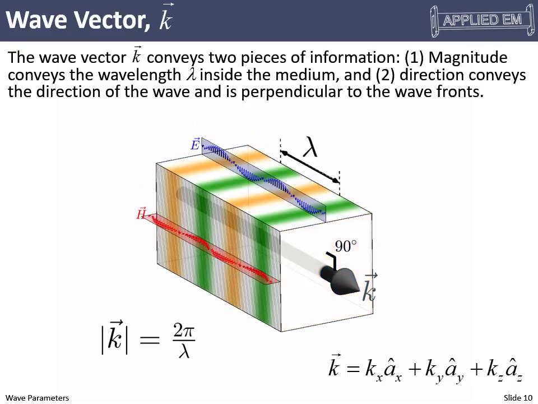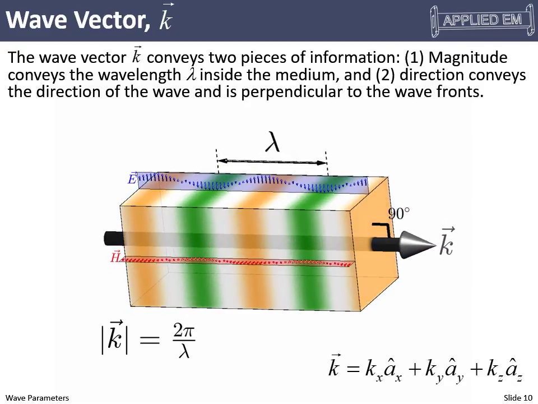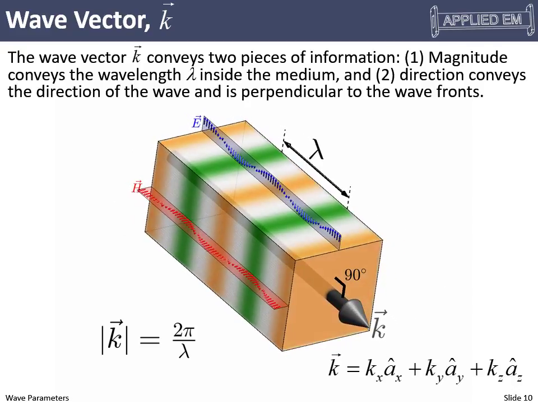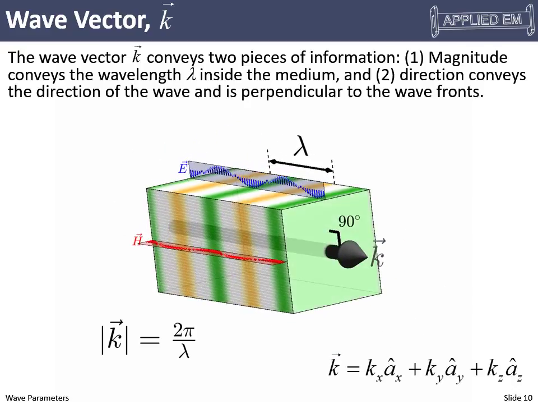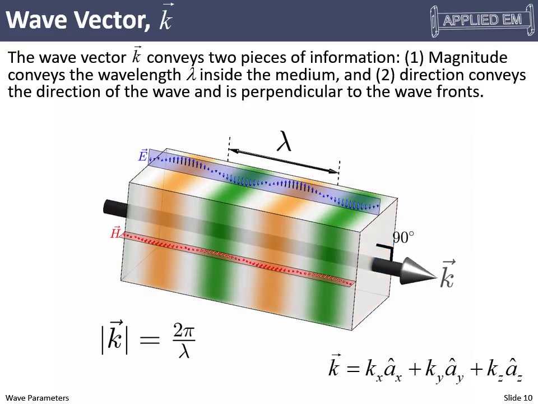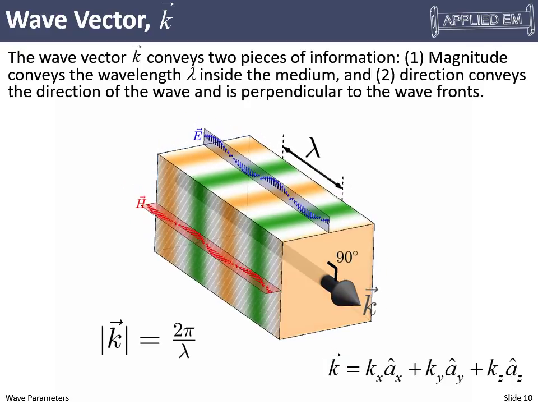So here, to the best of my ability, is how I visualize the wave vector. You can see the wave, it's the orange, white, and green planes, and they're propagating in a particular direction. That direction's changing, but that k vector is always perpendicular to those planes of the wave.